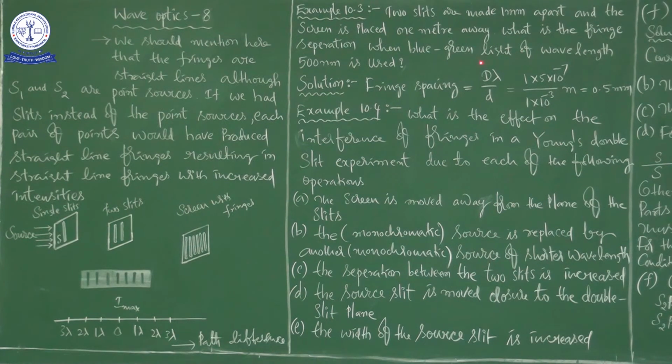Capital D is 1 meter, and lambda is 500 nanometers. Nano means 10 to the power of minus 9, so 5 into 10 power minus 7 meters. Small d is 1 millimeter, that is 1 into 10 power minus 3 meters, which you have to convert into meters.